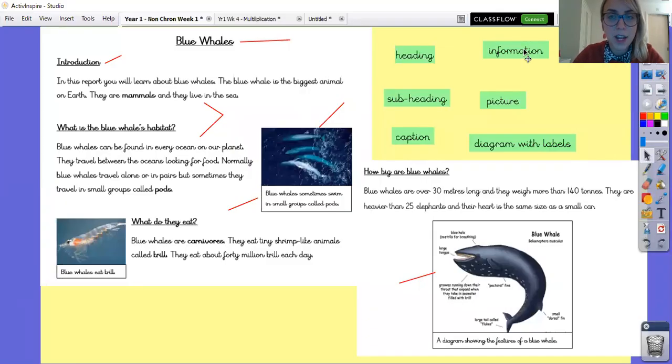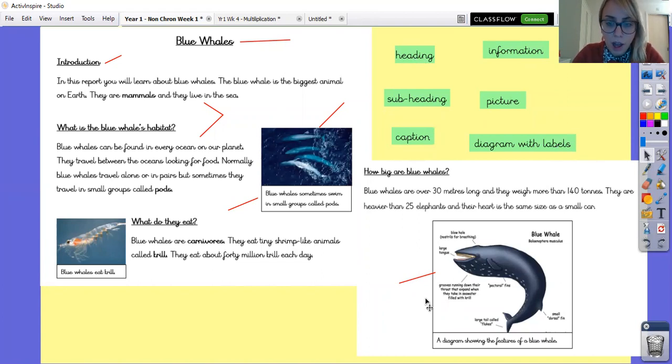Okay, so you may have noticed, year ones, that lots of the features of this non-chronological report are the same as some of the features we explored yesterday in our non-fiction books. So in this non-chronological report, we have got a heading, some subheadings, a caption, picture, information, and diagrams with labels.